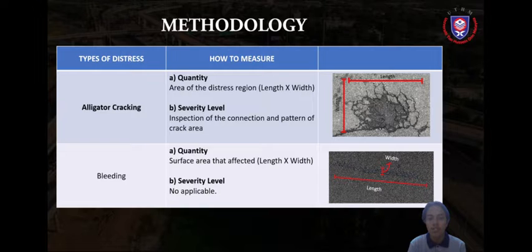So, this is how we measure the distress. For alligator cracking, we need to measure the area of the distress region for the quantity, and for the severity level, we need to inspect the connection and pattern of the crack area. Next, for bleeding, we need to measure the surface area affected, and for the severity level, it is not applicable.